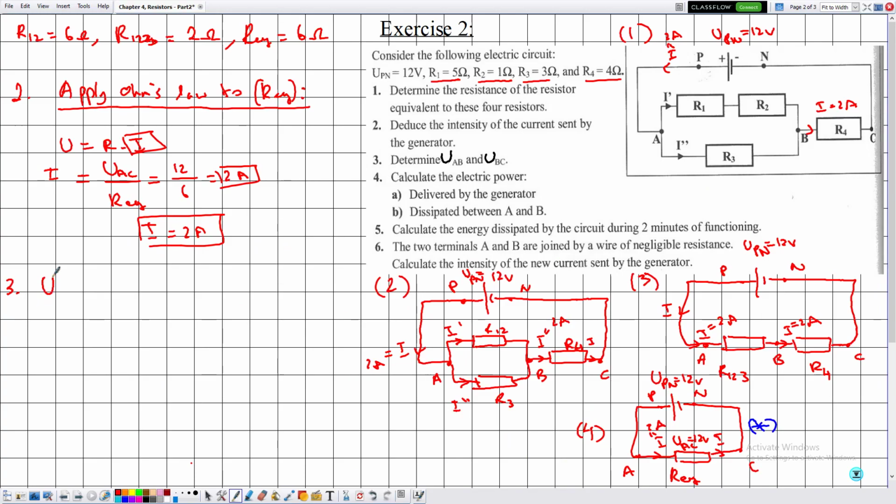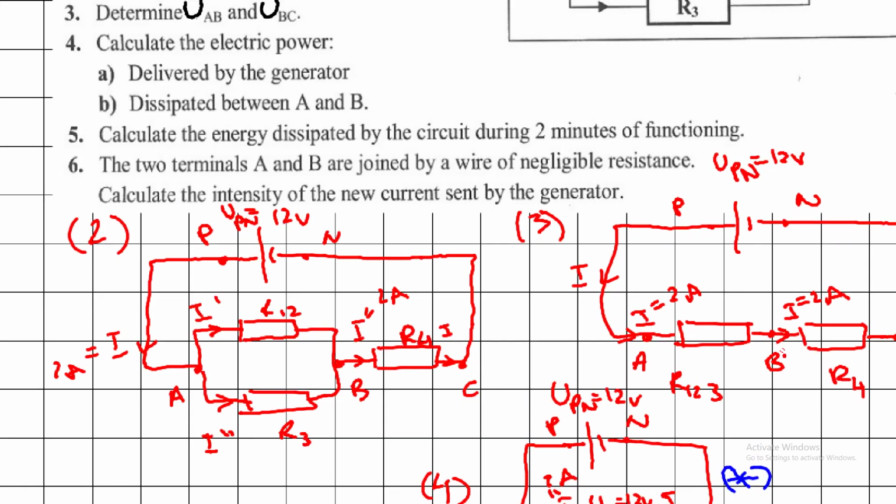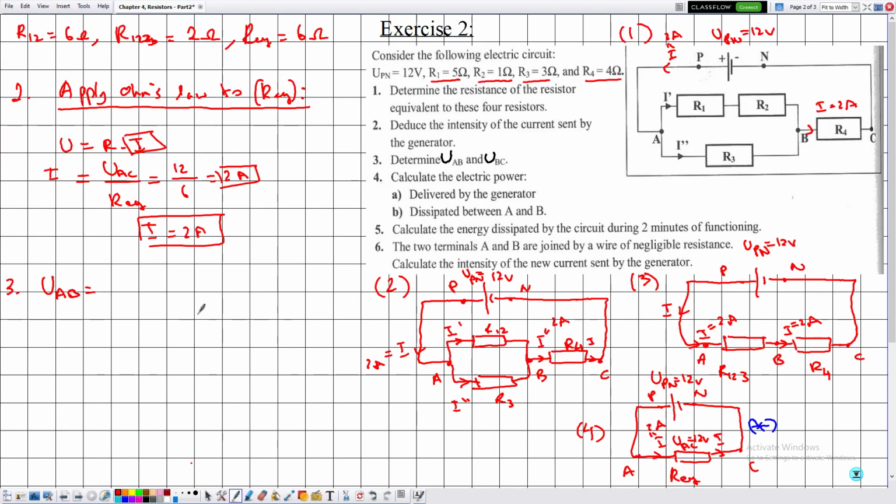The applied voltage across AB is given by the resistance R123 multiplied by the current I, which is equal to 2 multiplied by 2, which is equal to 4 volts. So UAB is equal to 4 volts.